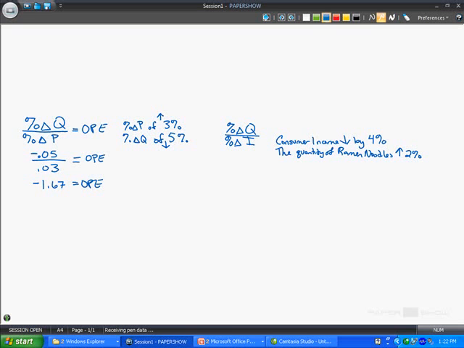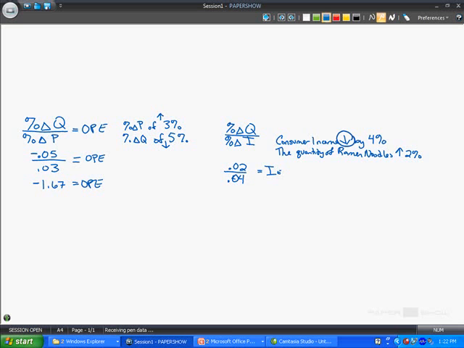So we're going to fill in our formula. The percent change in quantity is going to be the ramen, which is our 2%, and the consumer income is going to be the 4%. If you're looking up at the screen and saying, "Ms. Shapiro missed something," you are correct.